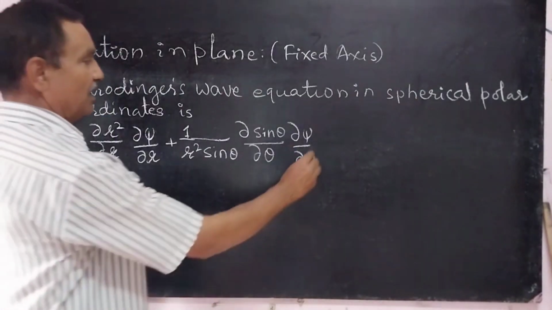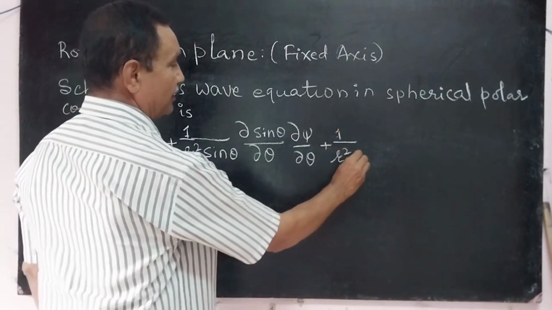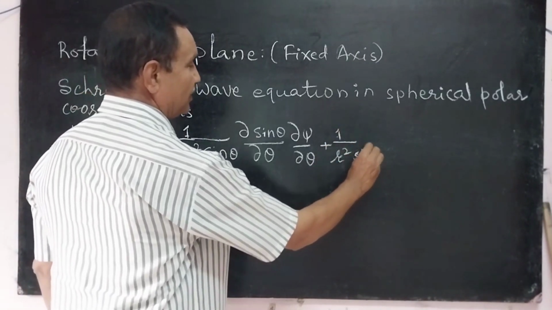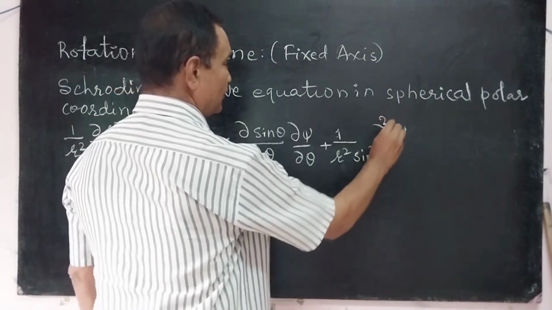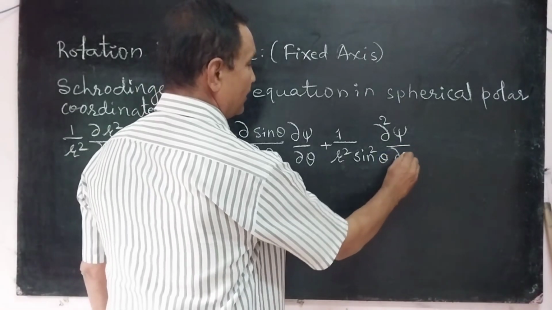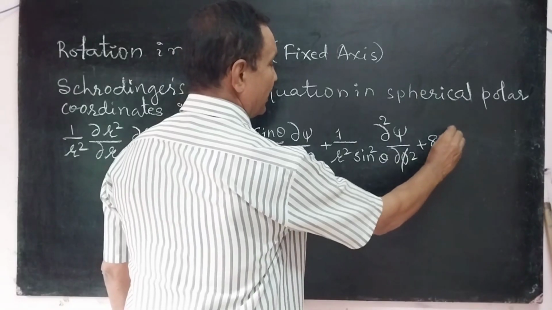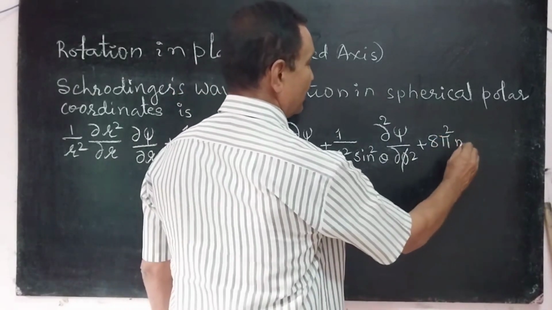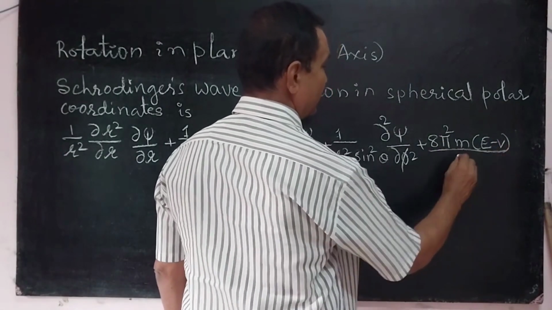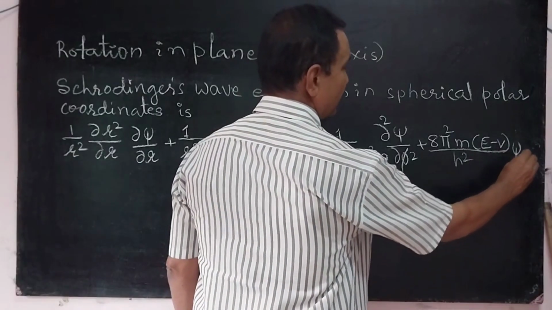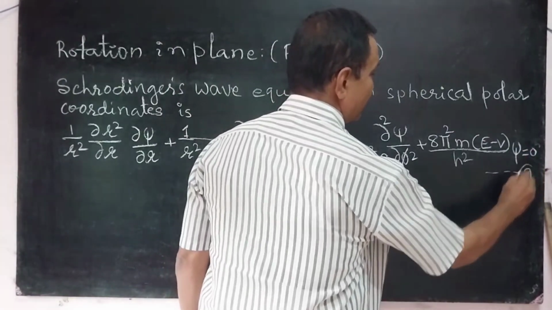This is the second term, plus 1 divided by r square sin square theta dou square psi divided by dou phi square plus 8 pi square m (E minus V) divided by h square psi is equal to 0. This is equation 9.